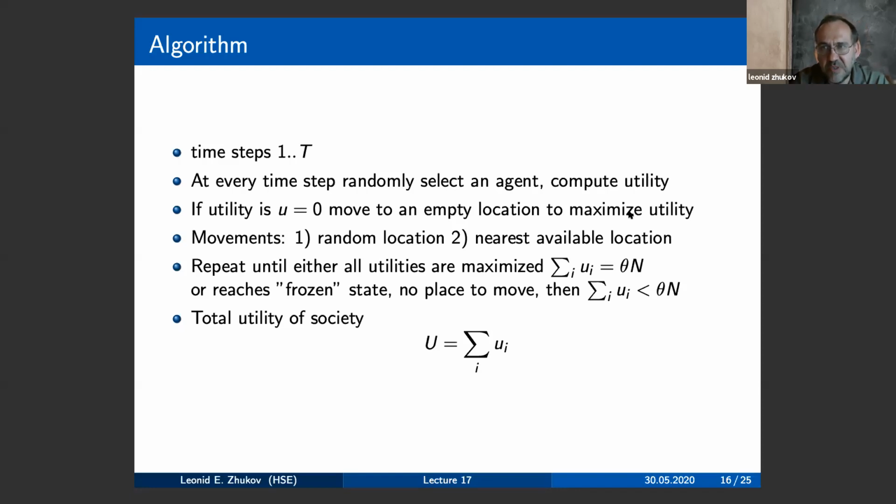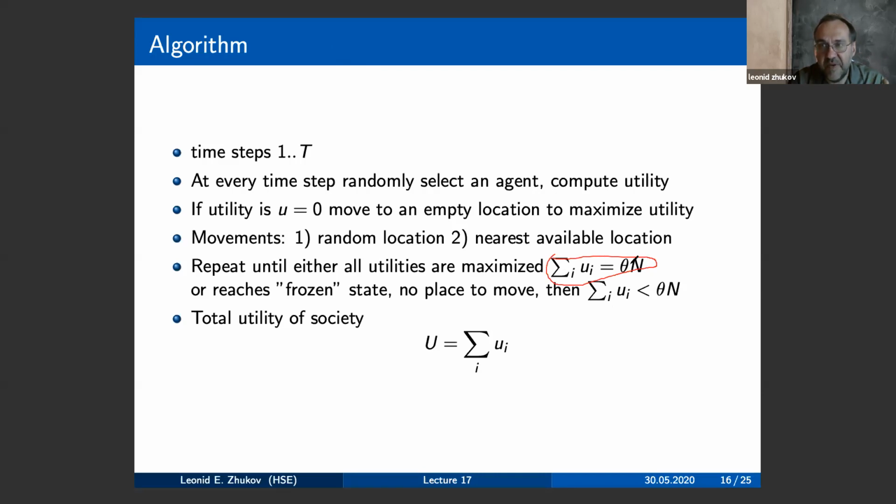And then eventually what's going to happen, you either get to the state where motion stops because everybody is happy and utility is maximized, right? Pretty much this formula: the sum of utilities is equal to the fraction of all occupied nodes.